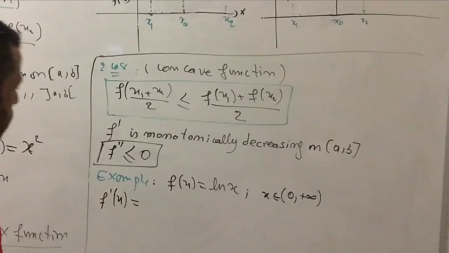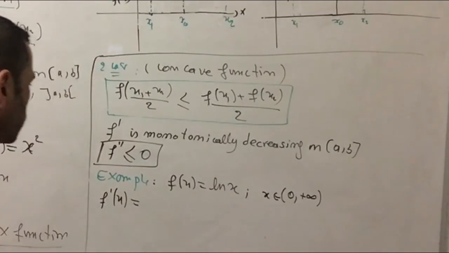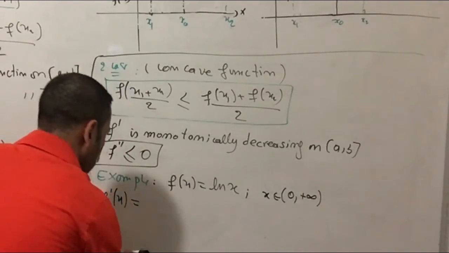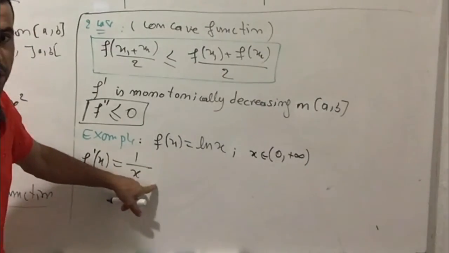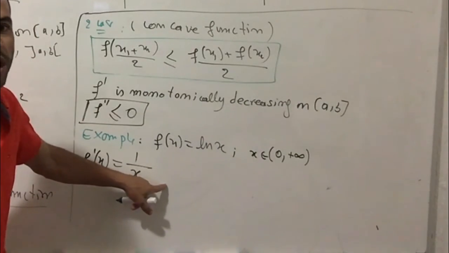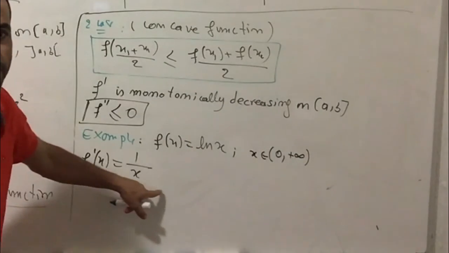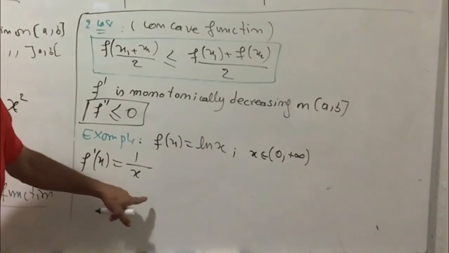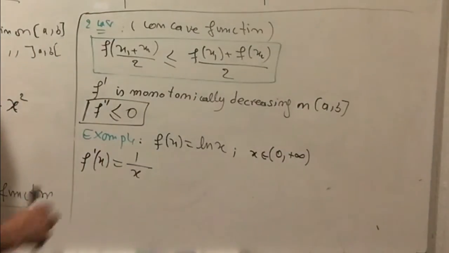The function accepts a derivative function on this open interval. So f prime of x equals 1 over x. Whatever the number is, this function f prime becomes smaller and smaller as the numbers go up. That means it's decreasing over the interval.